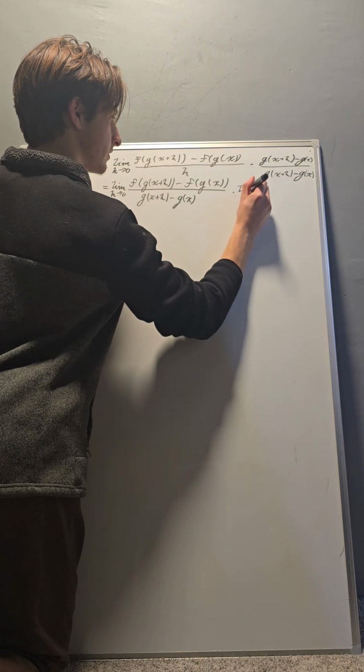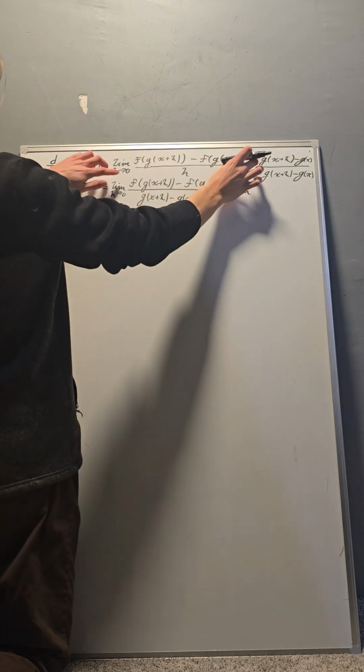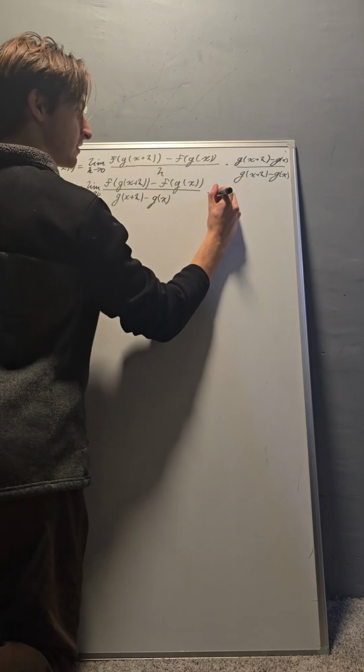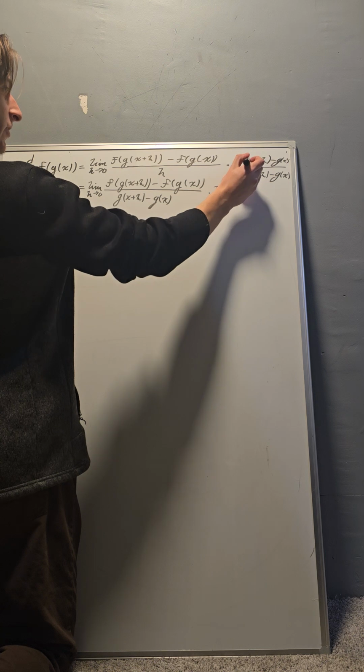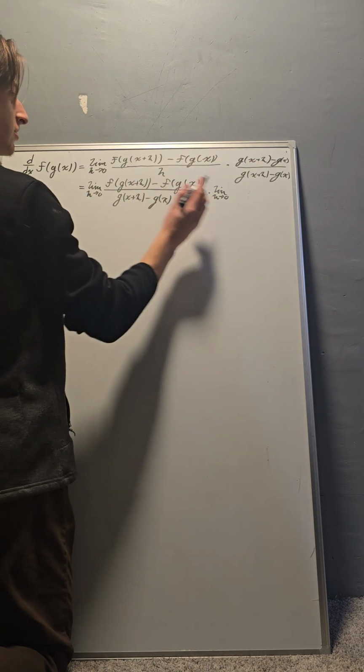And then, since properties of limits, we could just take the limit of both products. And then, since we swapped the bottom, we'll get g of x plus h minus g of x over h.